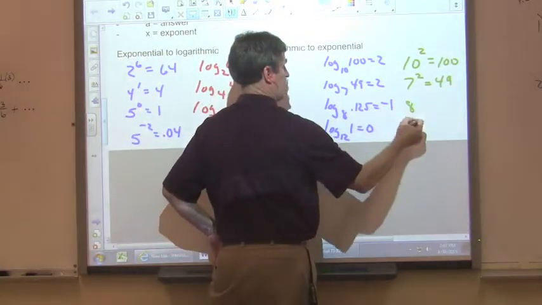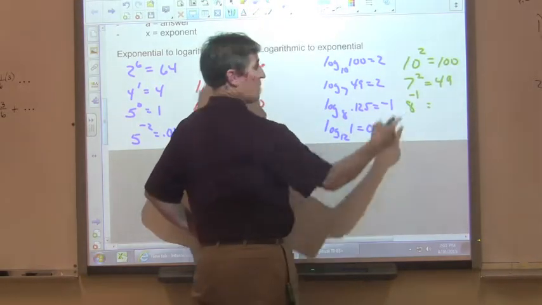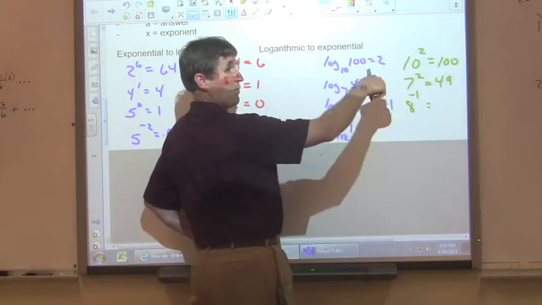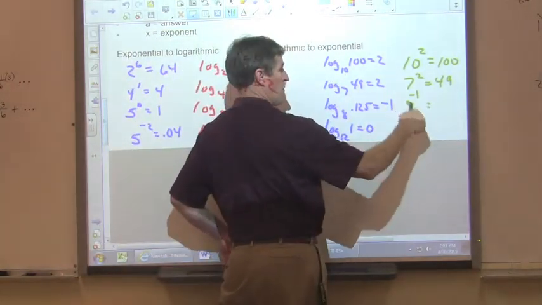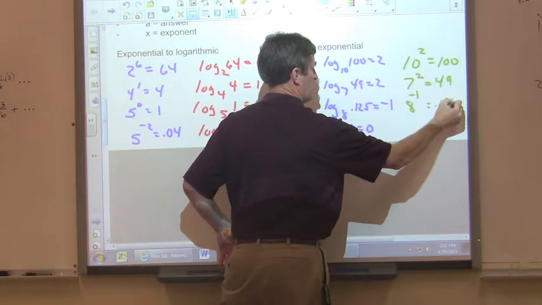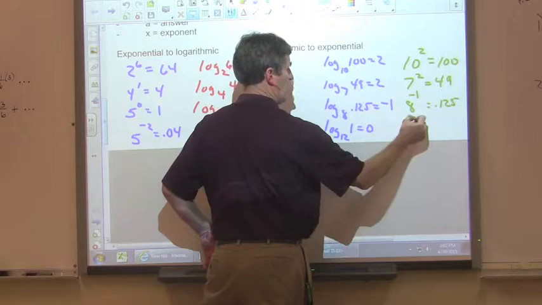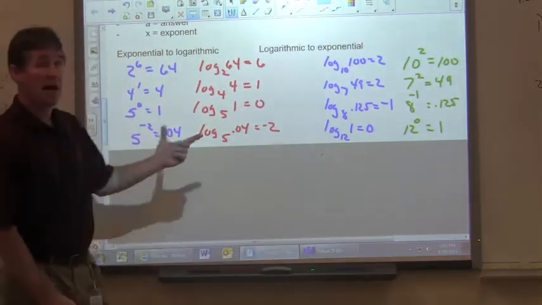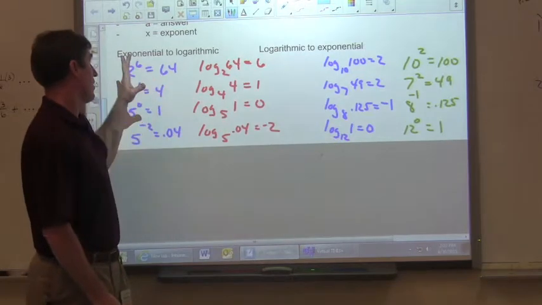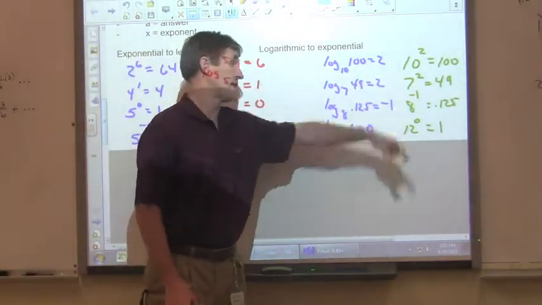Base 8, exponent negative 1. So if I did this, we know an exponent of negative 1 would be the fraction 1/8, so that would be 0.125. And 12 to the 0 power, anything to the 0 power is 1. So a lot of the assignment is just going to be converting from exponential form to logarithmic form, or from logarithmic form to exponential form.